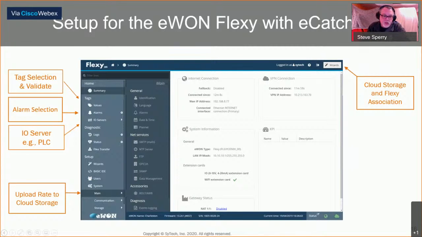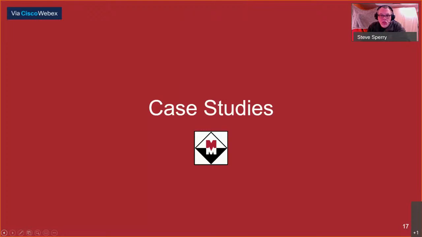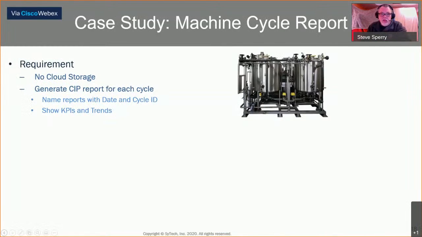So some case studies that would be of value for this kind of thing is looking at machine cycle reports. The requirement in this case would be they don't have cloud storage. They are looking to get clean in place reports for each cycle, and they want names for those based on the date and cycle ID, and then also showing KPIs and trends, right?